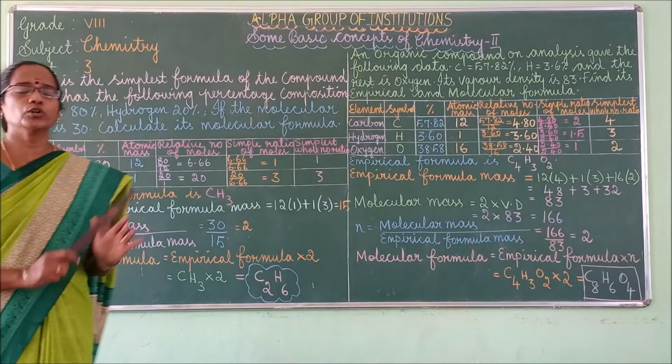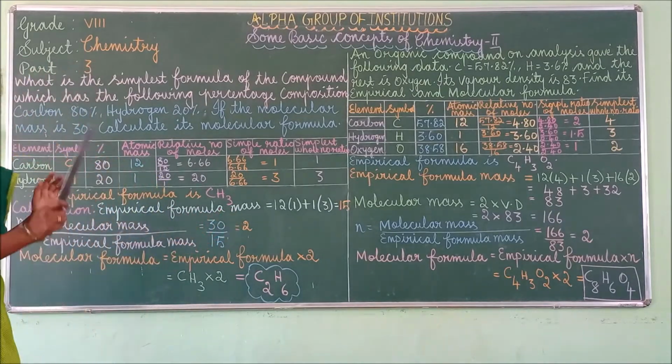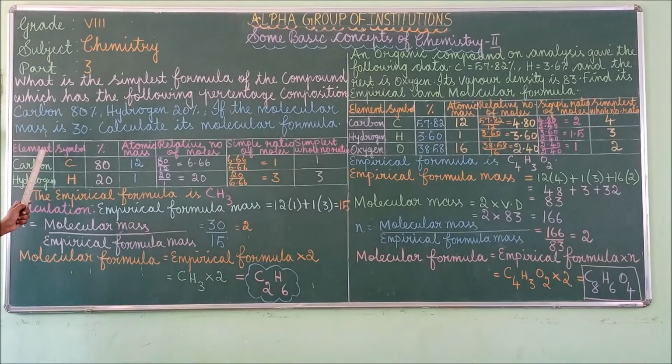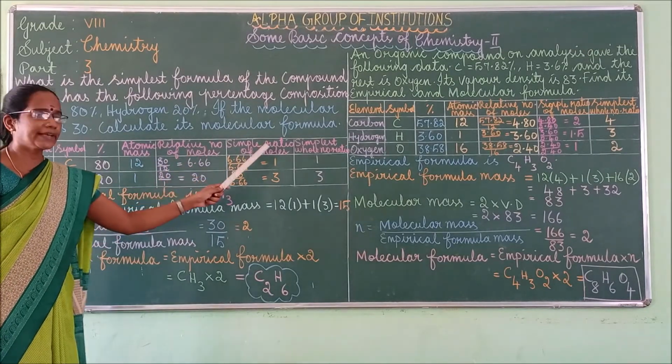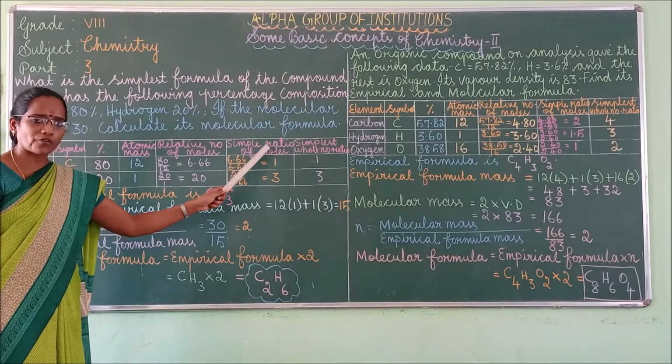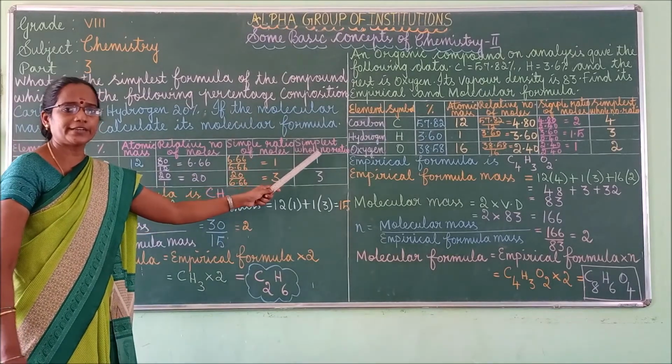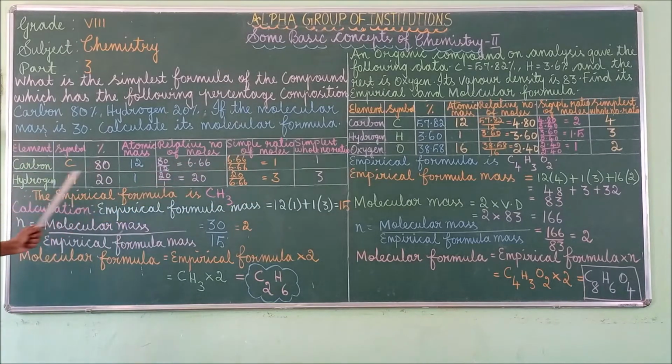First, what you have to do? You have to put the table like this, right? First, you have to mention the element. Second is symbol. Next, percentage. Next one is atomic mass. Next, you have to find out the relative number of moles. Next, you have to take the simple ratio of moles. Finally, convert it into the simplest whole number, right? So, what are the elements given in the question? Carbon as well as hydrogen, isn't it? So, mention the elements carbon, hydrogen.